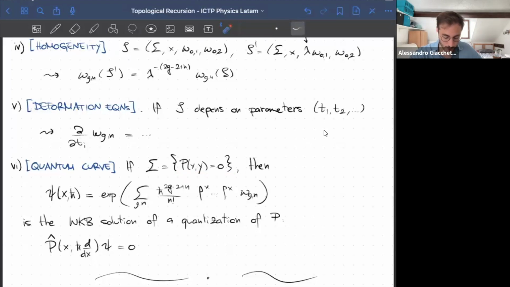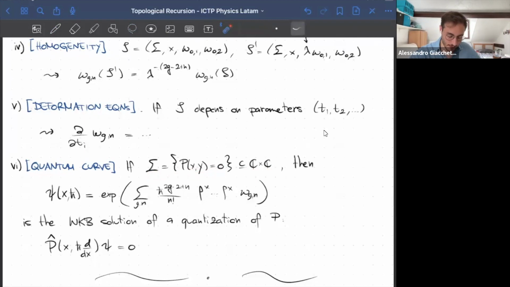So this gives you a curve, because here you should think of this as something living in C times C, where the first factor is the one where X lives, and the second one is where Y lives. And X and Y are just the projections to these two factors.